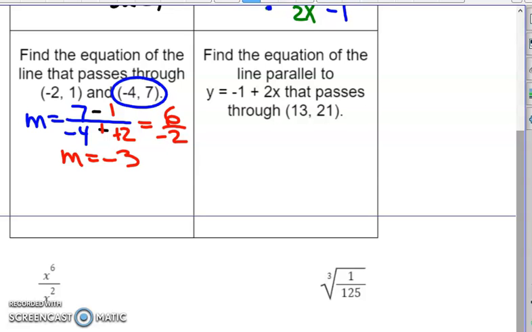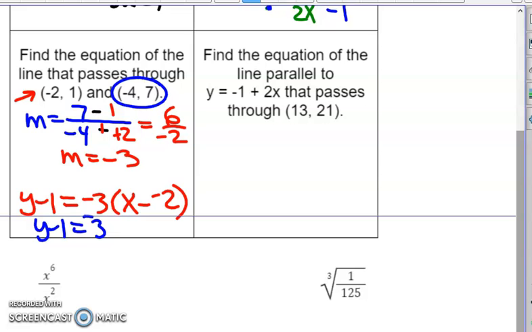I would probably write these in point-slope form since I have points. So if I use the first ordered pair, it would be y minus 1, since 1 is a y value, is equal to negative 3 times x minus negative 2. And since I have a double negative with the 2, I would rewrite that and make that x plus 2.